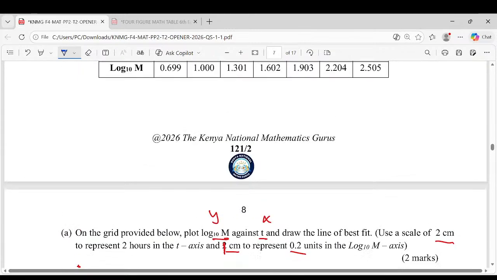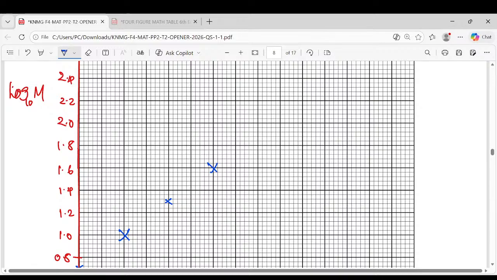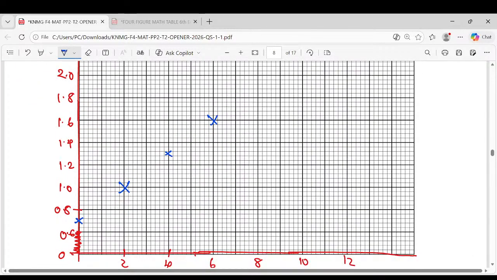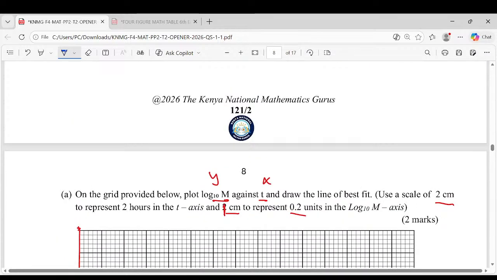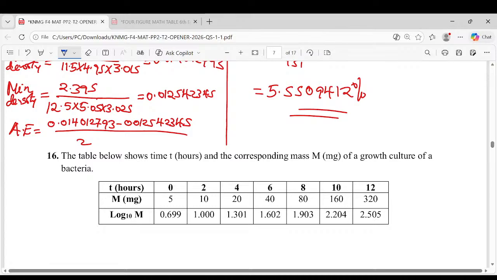Wonderful. 8, 1.9. Let us locate the 8, then the 1.9. 8 is here. 8, 1.9 is there. Then the 10, 2.2. 10 is at 2.2.